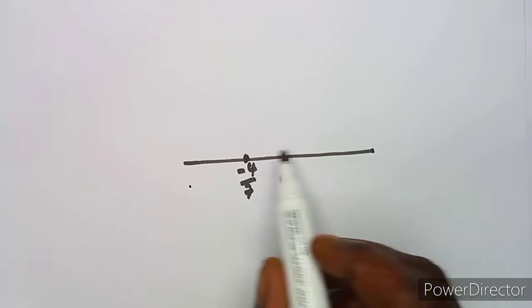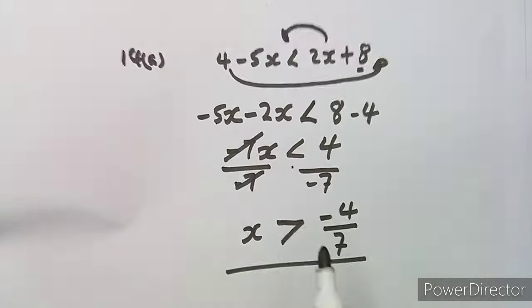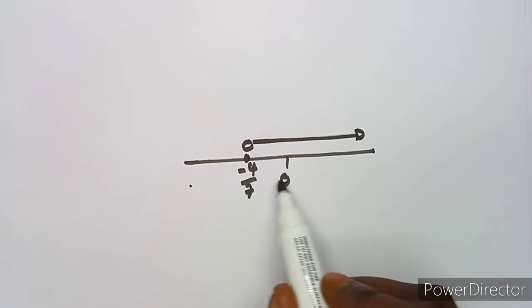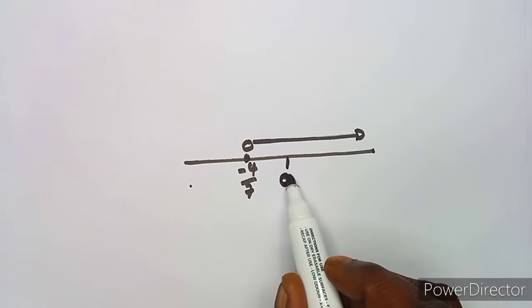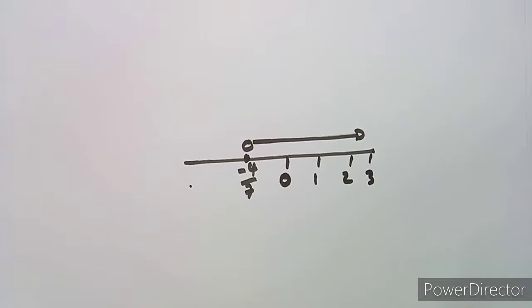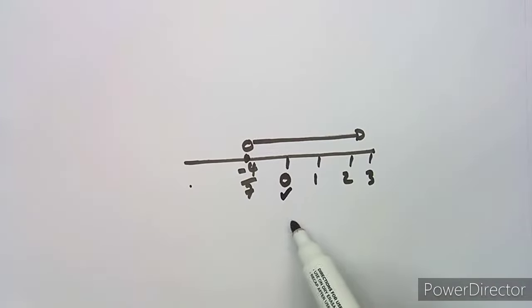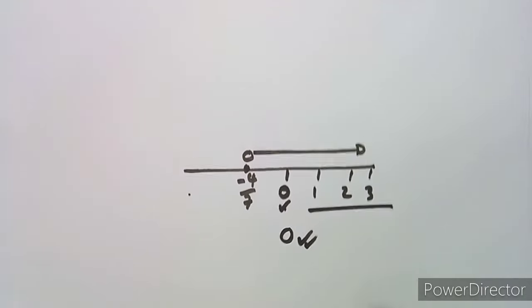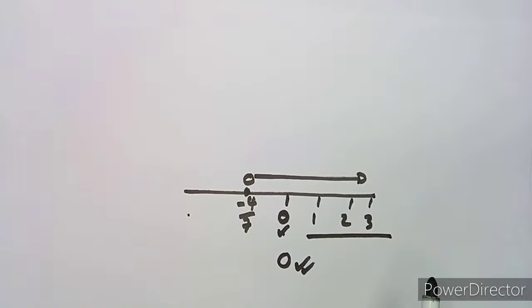Here our values are greater than, which means we are going in this direction, where we have the first number, which is 0, followed by 1, followed by 2, followed by 3, and so on. So definitely the first integer that we are going to have is 0, which is the smallest, because these numbers are increasing, and 0 is the least that we can get. So that is our least integer for the values of x which are greater than minus 4 over 7.